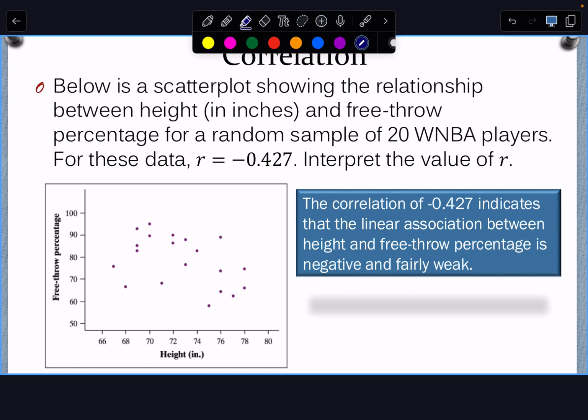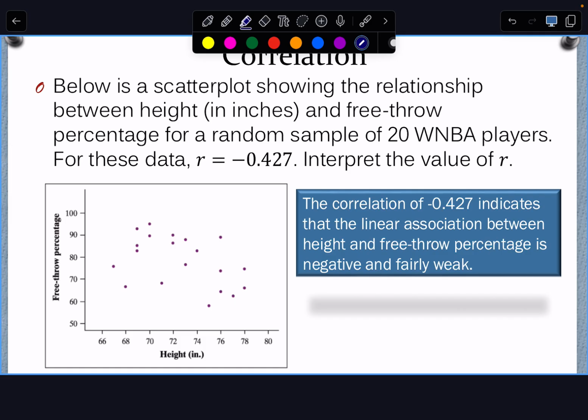When's the only time correlation is meaningful? When it's linear. Now, if they just give me a correlation value, I can calculate correlation for anything. So if they give me a correlation value with nothing else supporting it, even if it's very close to 1 or very close to -1, that doesn't guarantee that I have a linear association. And so if I can't verify that the association is linear to begin with, then that correlation value is meaningless to me.